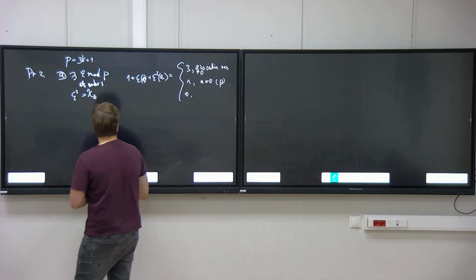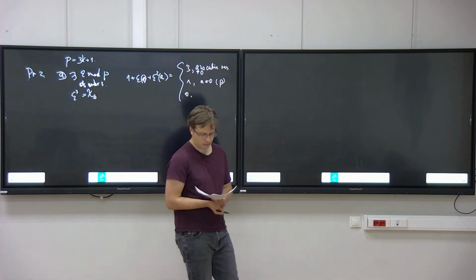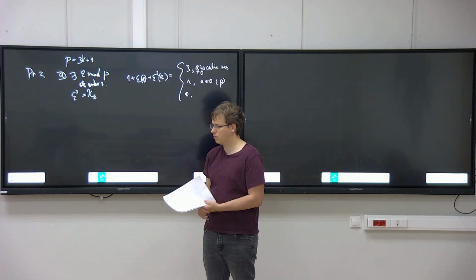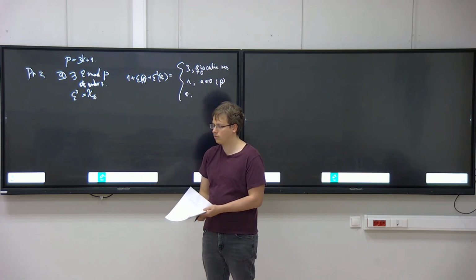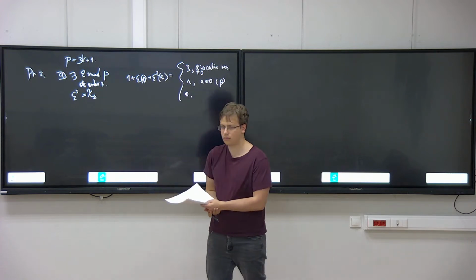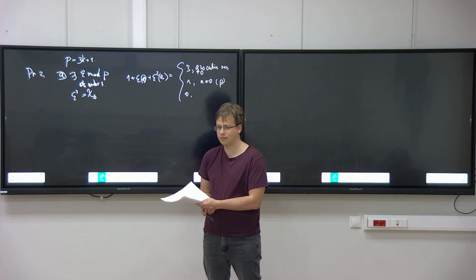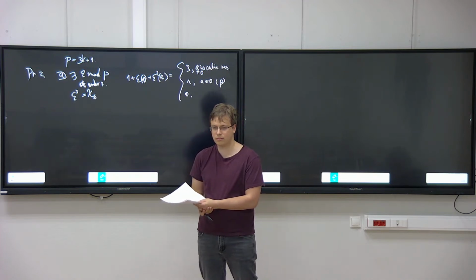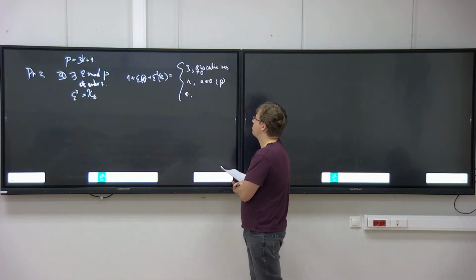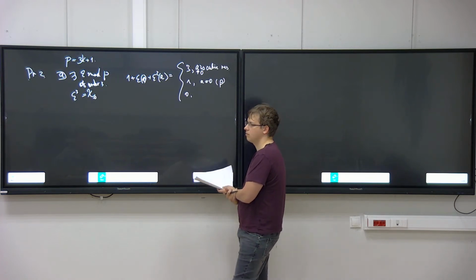So basically, this 1 plus epsilon plus epsilon squared is the number of solutions to the congruence A is congruent to x cubed. So it is the number of cube roots. So how do we prove that there is a character of order 3?